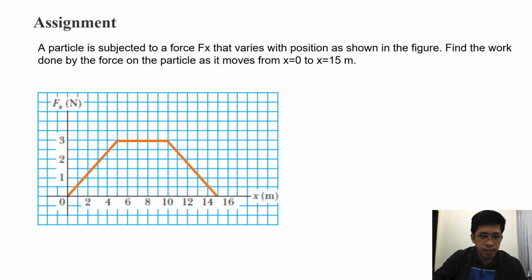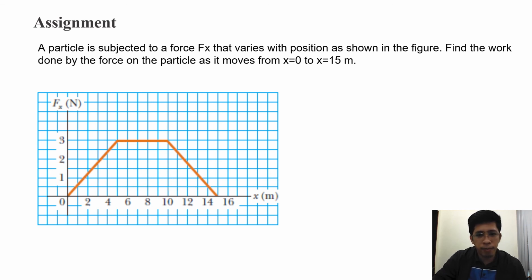So that means under this curve here, you have this area. You're going to find this area here for your work done. You might think this one is something like a trapezoid, or you can also divide this into segments to find it easier.